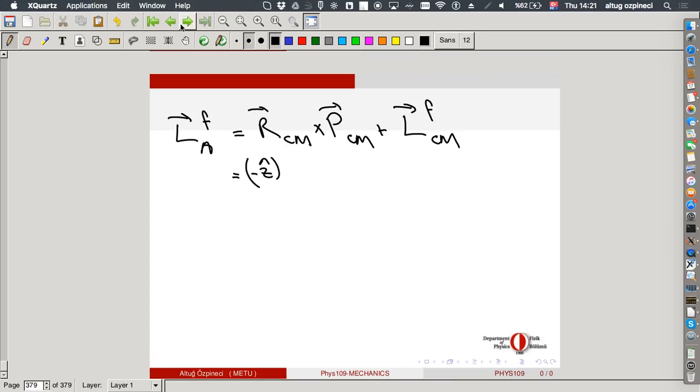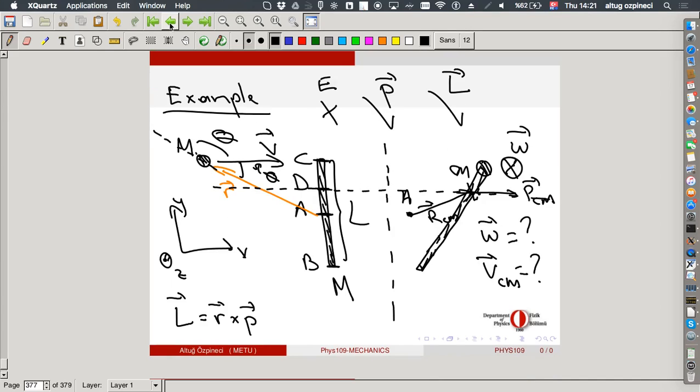R cross P, if you remember the definition of the cross product, is the distance of the center of mass, times 2m times V. This is the total momentum of my system. No, sorry, m times V. Here I already used the momentum conservation. Times sine of phi.